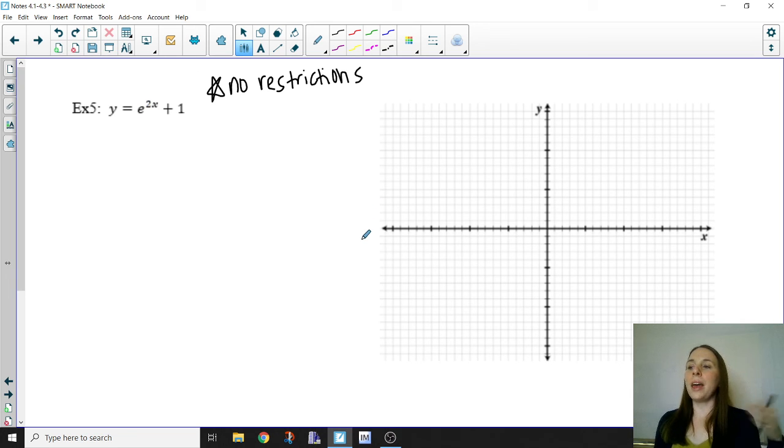When you take that number even to a negative power, like to the -1, it just takes its reciprocal, right? -2 just takes its squared reciprocal, and so on. It's always positive. Even negative numbers in for x will result in a positive value. Adding 1, then for sure, is going to stay positive. So I think it's important to note here that you have only positive values for y.